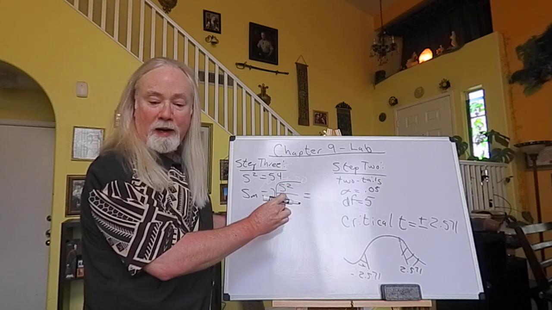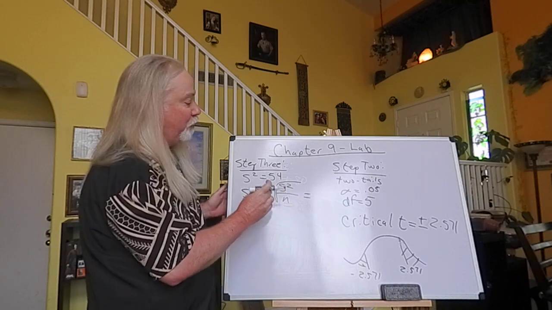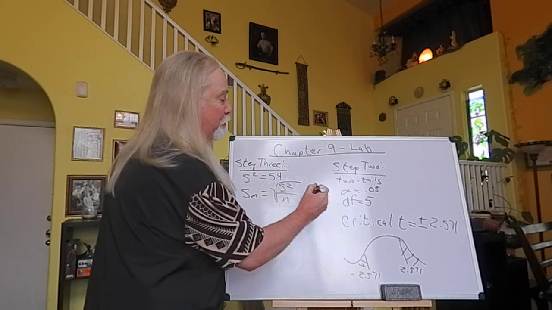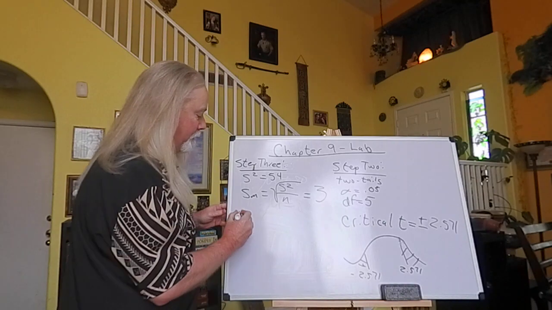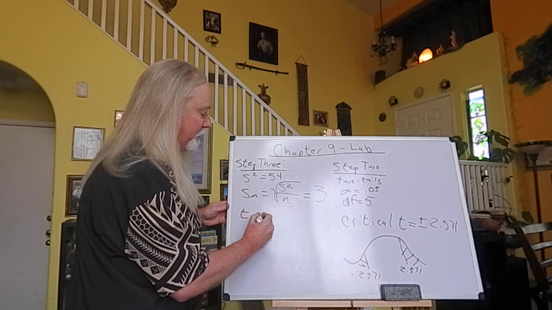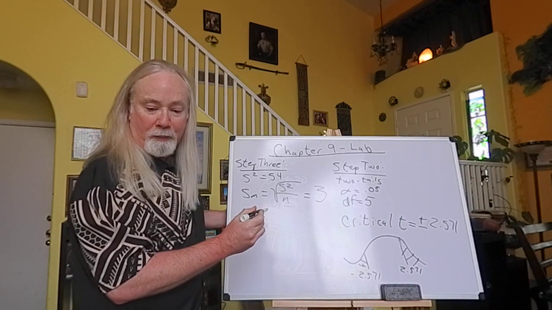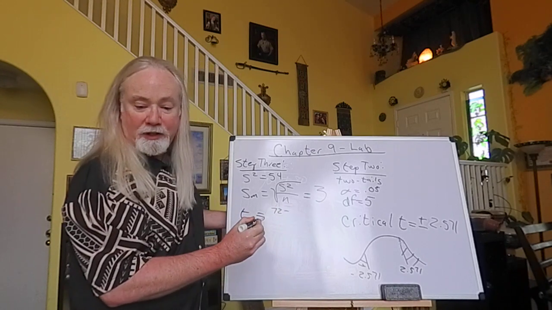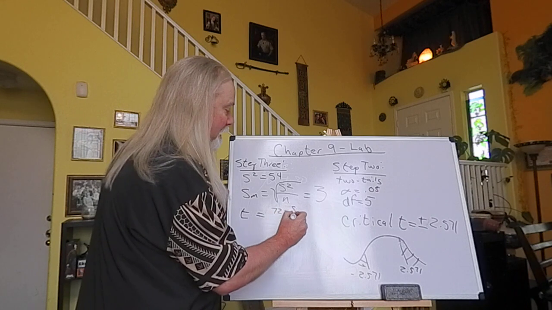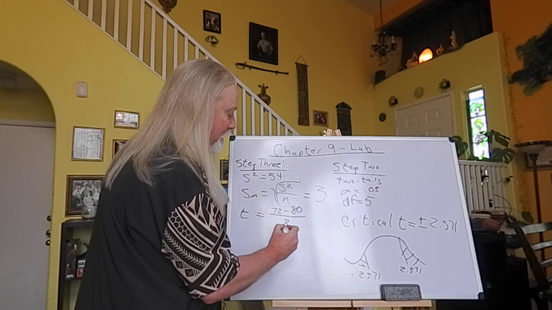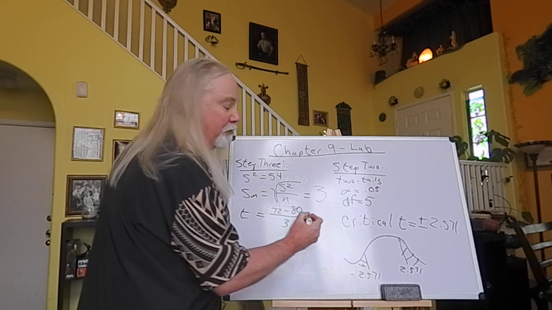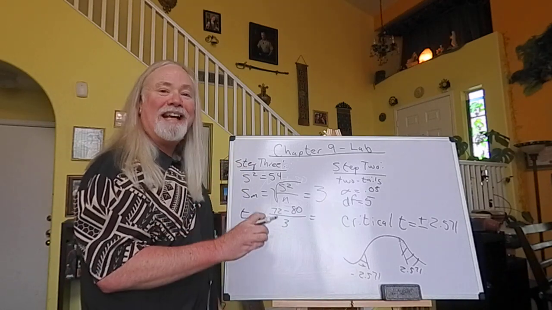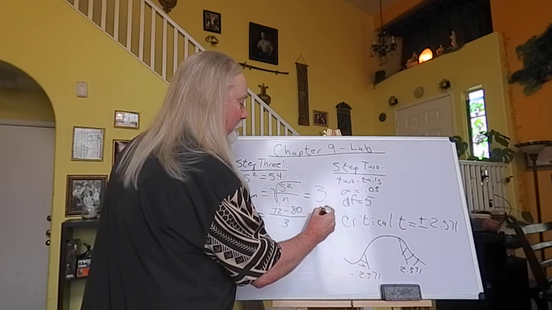So 54 divided by 6, and then square root, we end up with 3 points of error. And then the t-statistic itself, the sample mean was 72 points. The population mean is given to us as 80 points. And we divide that by our 3 points of error. So we get a t-statistic of negative 2.67.